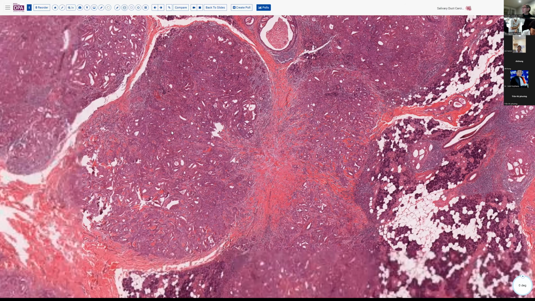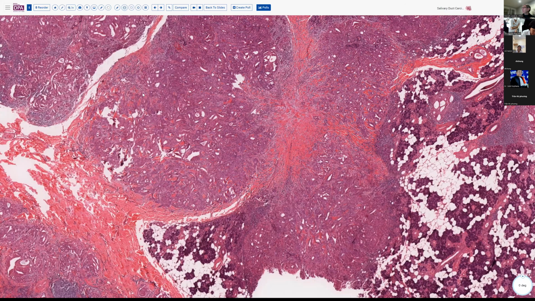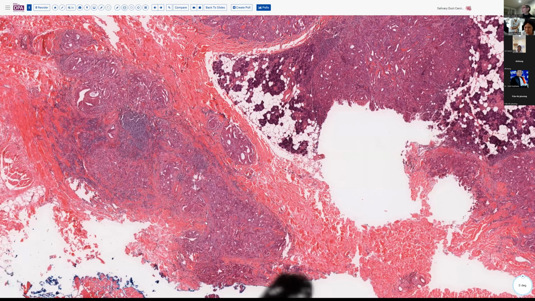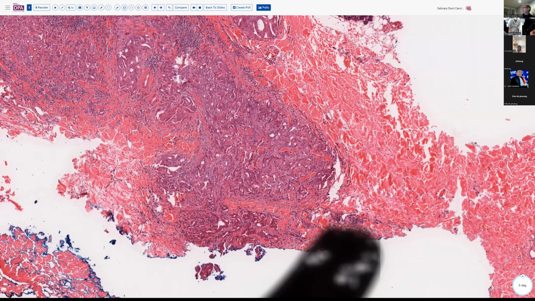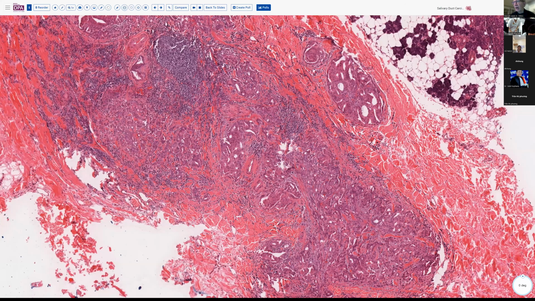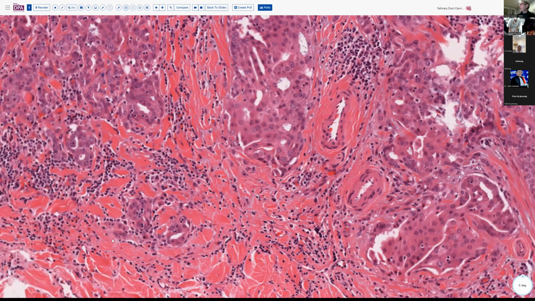Now, this could all still be cancerization of the lobules if you didn't see areas such as we have down here, where you've clearly got a more invasive pattern extending around small vessels and obviously going to your intrasection margin with this infiltrative pattern in between dense collagen here. So you see this type of pattern is not something that would be compatible with an in situ type of lesion.